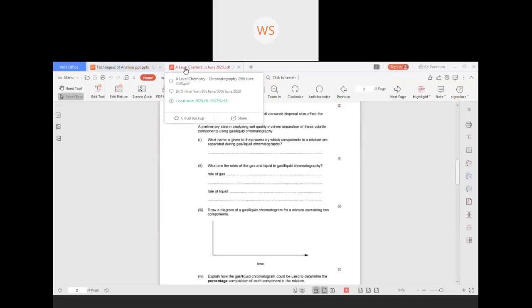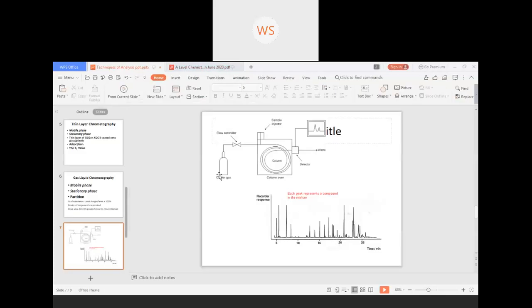So what is the role of the gas? The gas is the mobile phase. And the liquid? The carrier is the gas; it is written here as carrier gas.